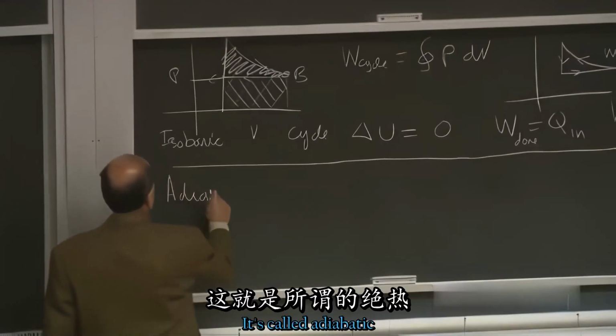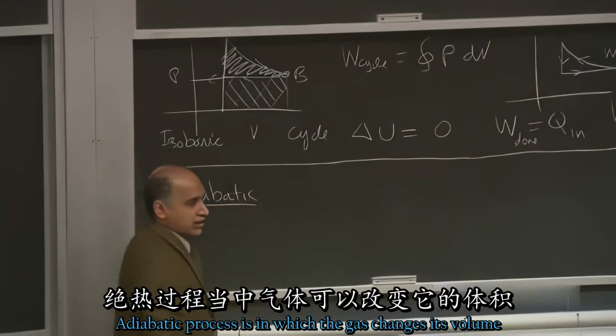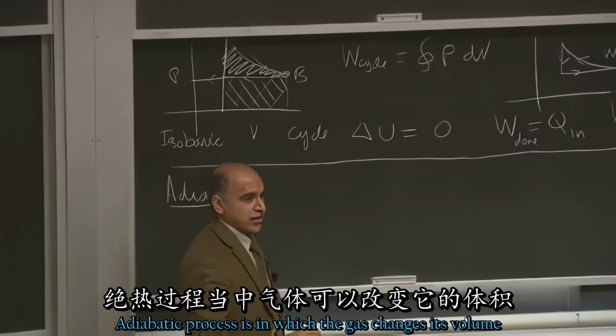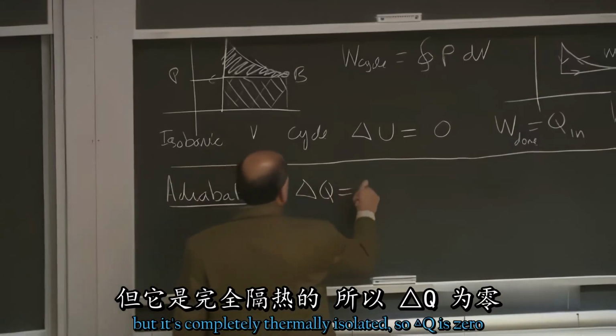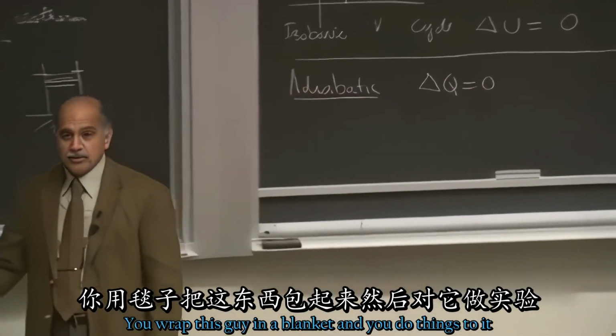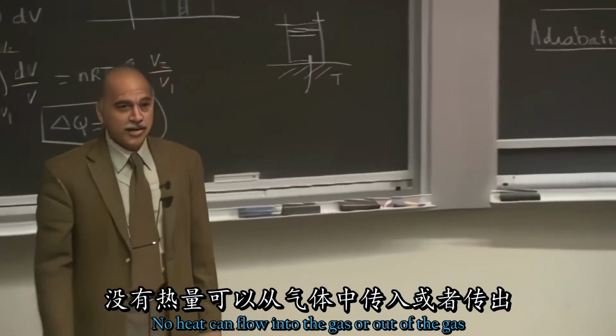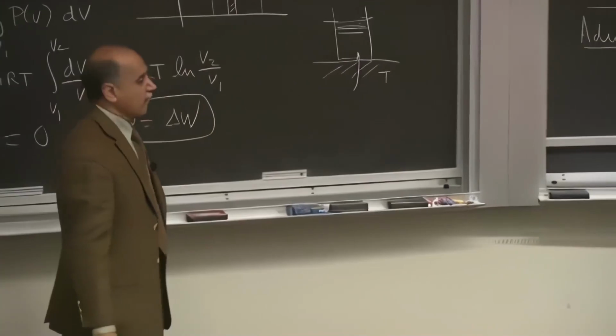It's called adiabatic. An adiabatic process is one in which the gas changes its volume, but it's completely thermally isolated. So delta Q is zero. You wrap this guy in a blanket and you do things to it. No heat can flow into the gas or out of the gas. That's called an adiabatic process.